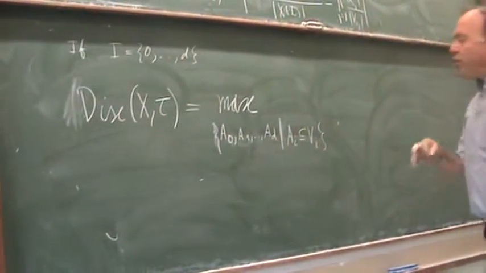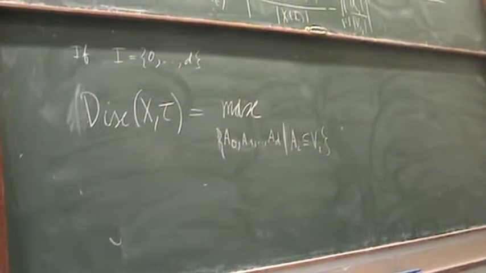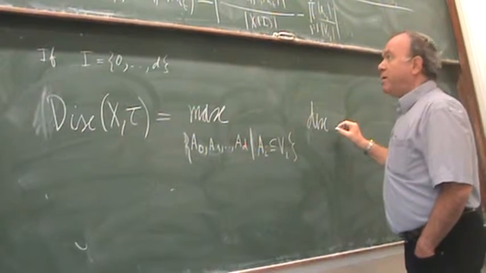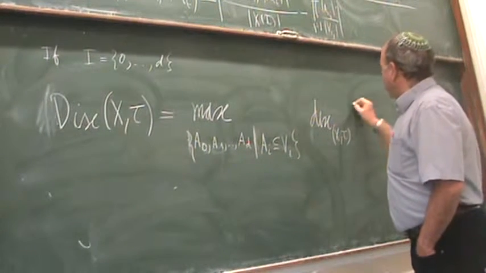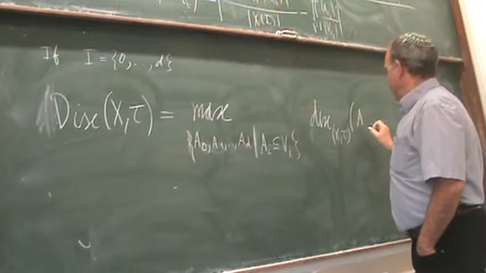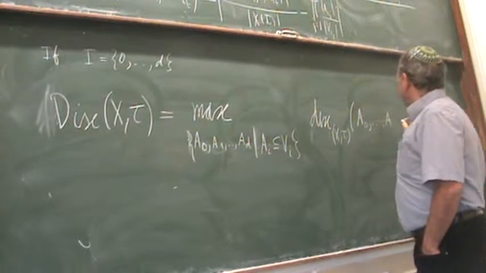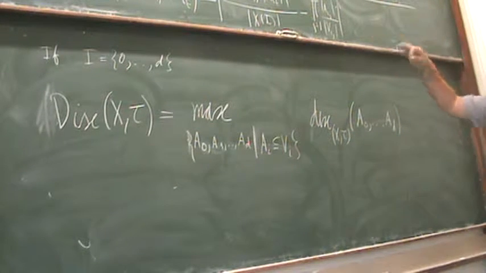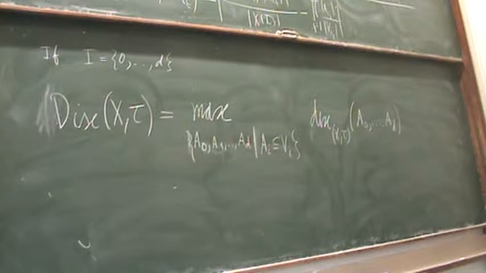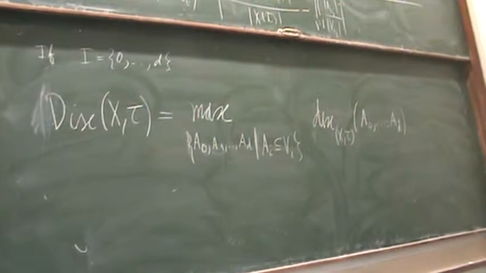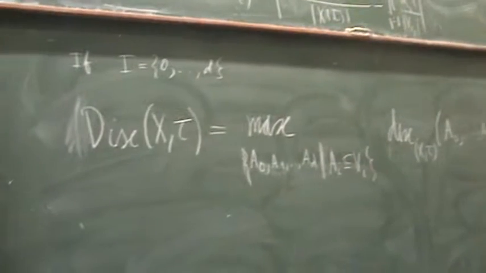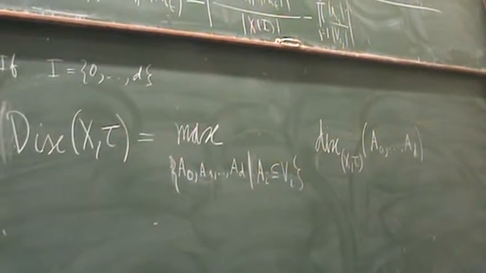I look at all the possibilities of choosing sets Ai inside Vi, and then I look at the discrepancy X star of these sets A0 up to Ad. What's the distance between these proportions and the expected value? And I take the maximum over all possible subsets.